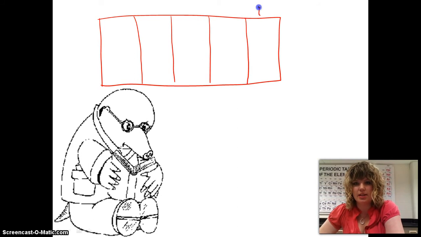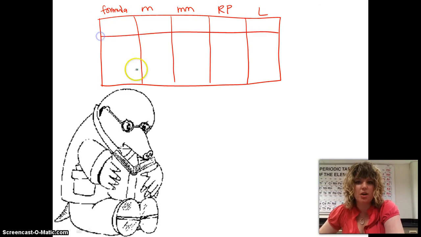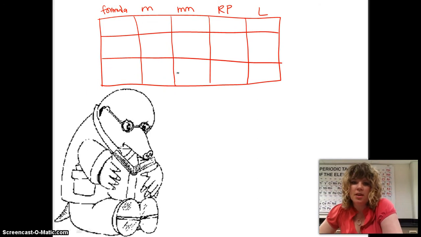Okay, so this one is liters, this one is representative particles, this one is molar mass, this one is maybe a given mass that it's wanted, and then this is the formula right here. So I'll do an example of this one. Make sure you show your work, because if you get it wrong and you show your work, I'll still give you points for at least having it.